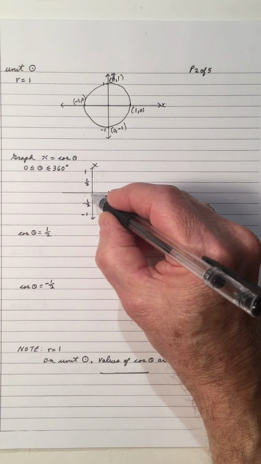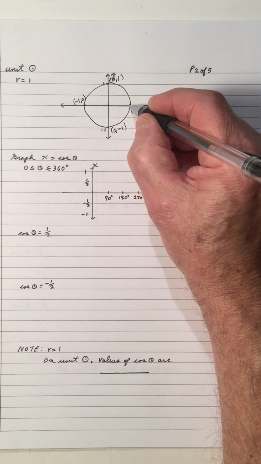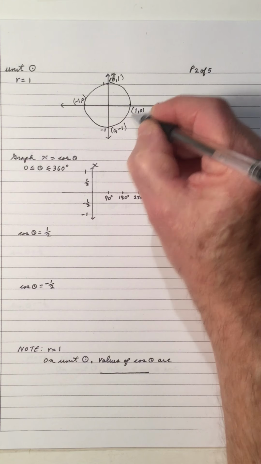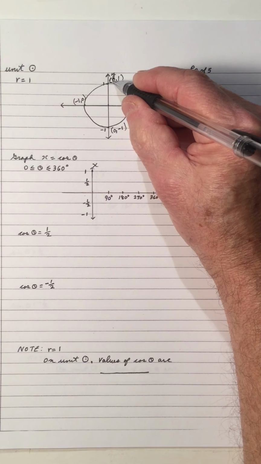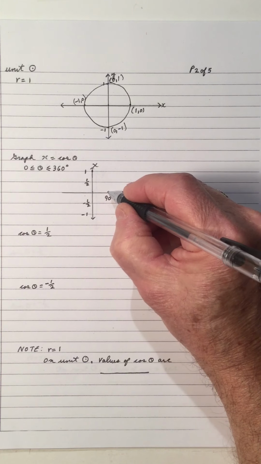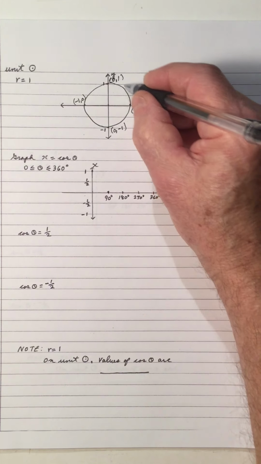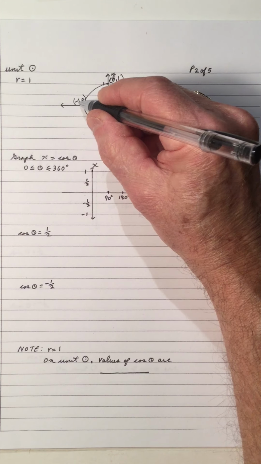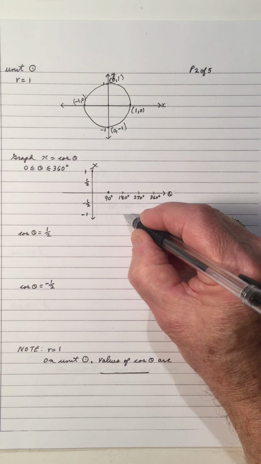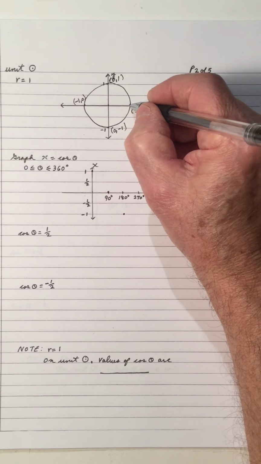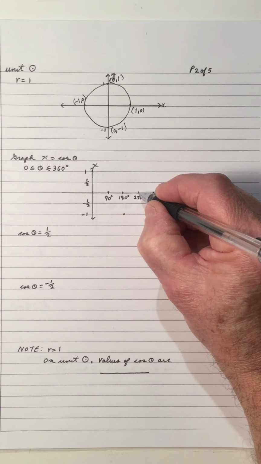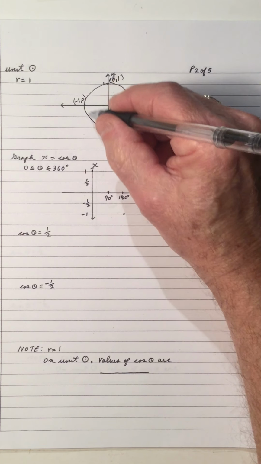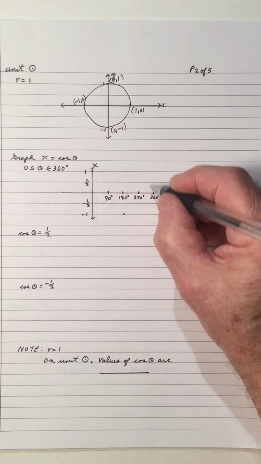So at 0 degrees, which is right here, the x is 1, and at 90 the x is 0, and at 180 the x is negative 1, and at 270 the x is 0, and all the way around at 360 we're back to 1 again.